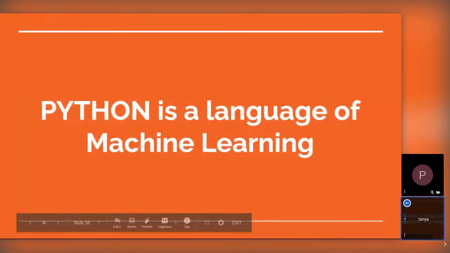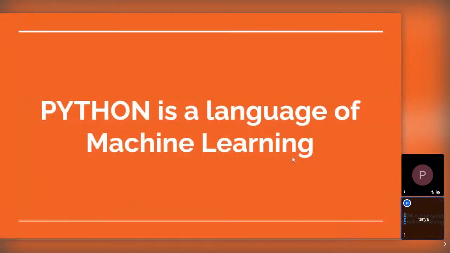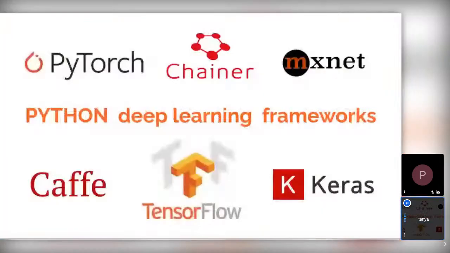And such models are nowadays created mainly in Python. Python became the language of machine learning. And why is that? There is a great reason for that. Python has a lot of convenient frameworks which already implemented a lot of useful functions and algorithms.